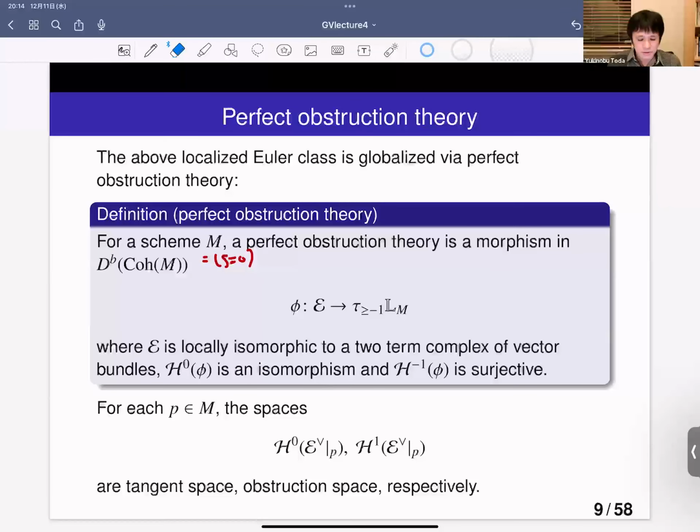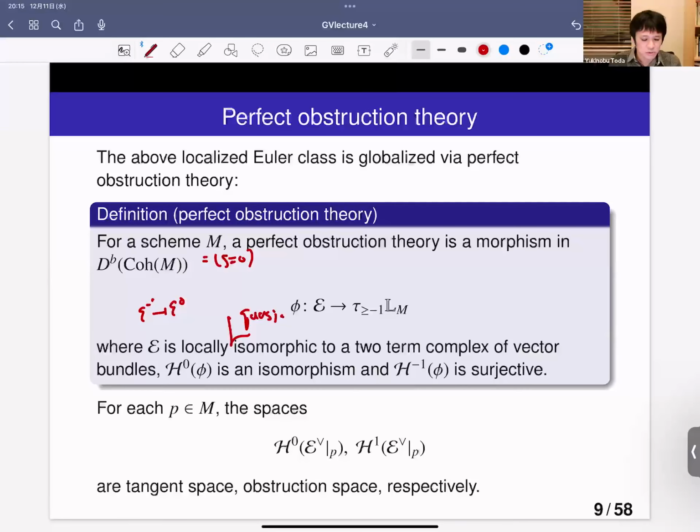Nevertheless, in several moduli problems, we can construct such a perfect obstruction theory. By definition, this is locally quasi-isomorphic to a two-term complex, that is, isomorphic in the derived category.